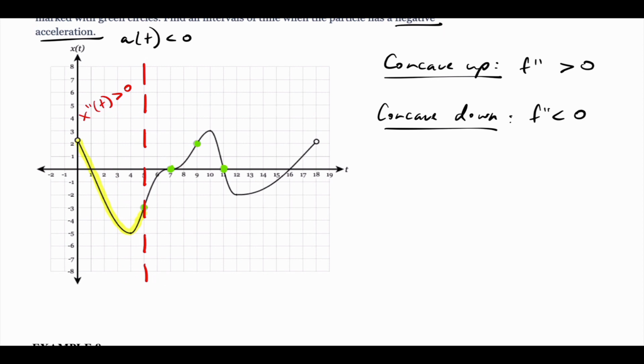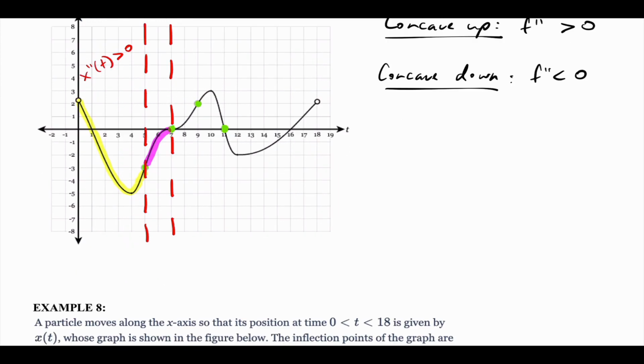Second derivative is positive because it's concave up. It's holding water. Okay. Let's go to the next, from green dot to green dot. This part here. Holding water or spilling water? The next one is spilling water. Spilling water, that's concave down.